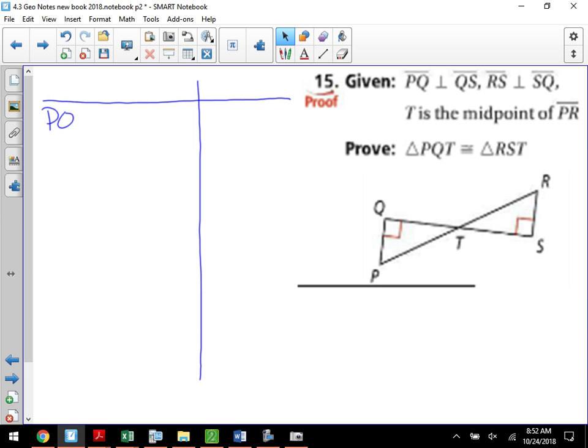PQ perpendicular QS. That means what angle is a right angle? I'm looking at PQ and QS. What angle is the right angle? Can I just use Q?